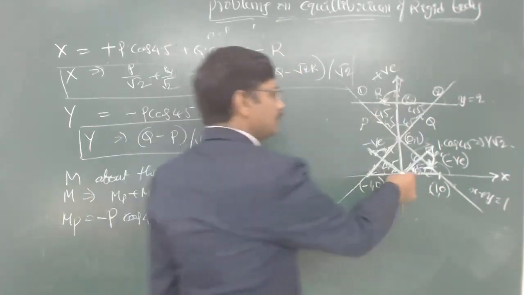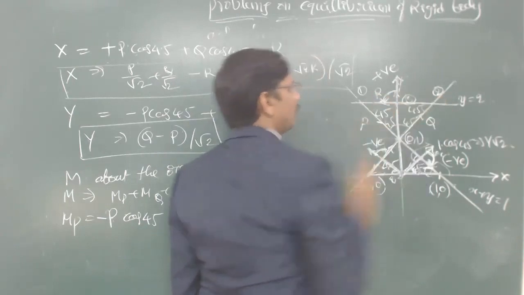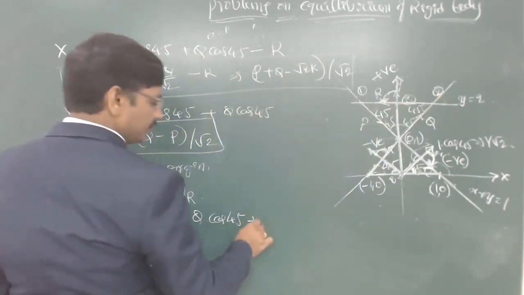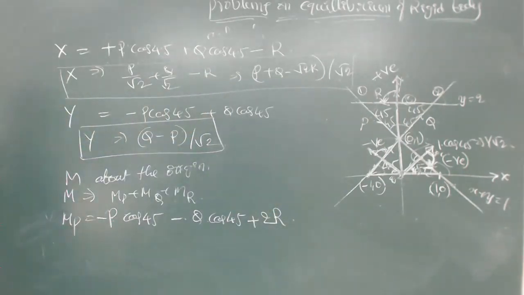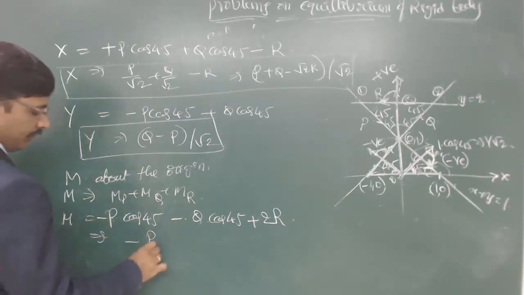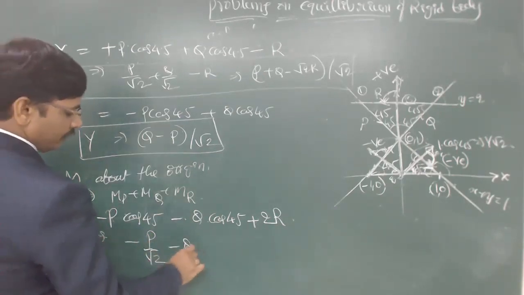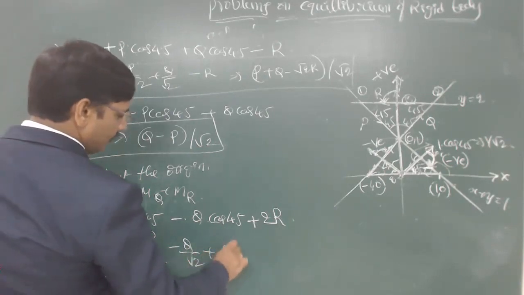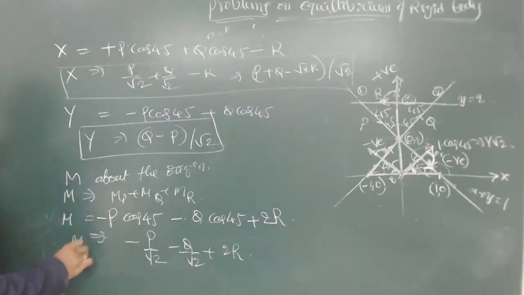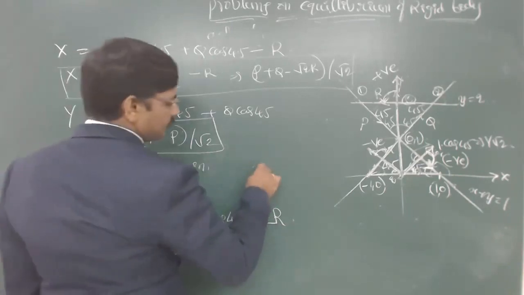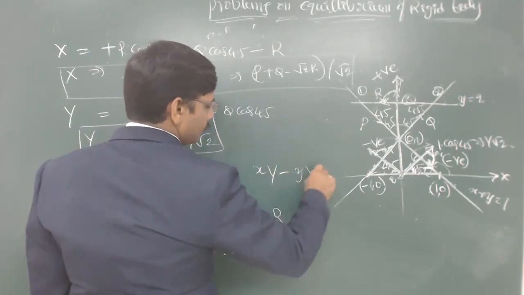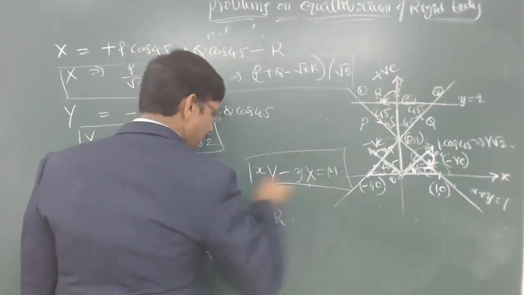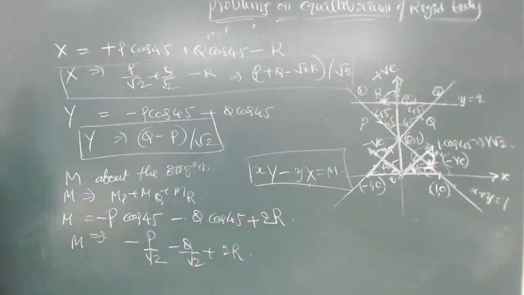So the perpendicular distance is 2 units, the force magnitude is R, and the orientation is plus, so 2 times R. This is the moment M. So M is minus P by root 2 minus Q by root 2 plus 2R. Substitute in the original equation: small x into capital Y minus small y into capital X is equal to M. This is the equation of the line of action. I hope everybody got the clarity on this.